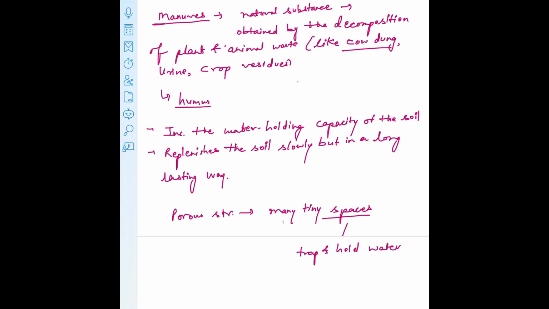So this is called increased water holding capacity. Let's take an example of sandy soil. Sandy soil normally cannot hold water for long, but if we add manure, it mixes humus with sand and makes it more spongy and better at holding water.